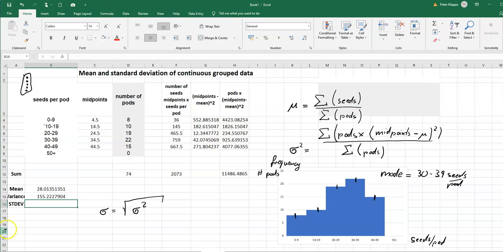So all we need to do is calculate the square root of the variance for our standard deviation, and we get 12.45. Again, we need to be careful with that because since our data are grouped, there is a certain variability in it, but with grouped data, this is the best way we can actually do these calculations.